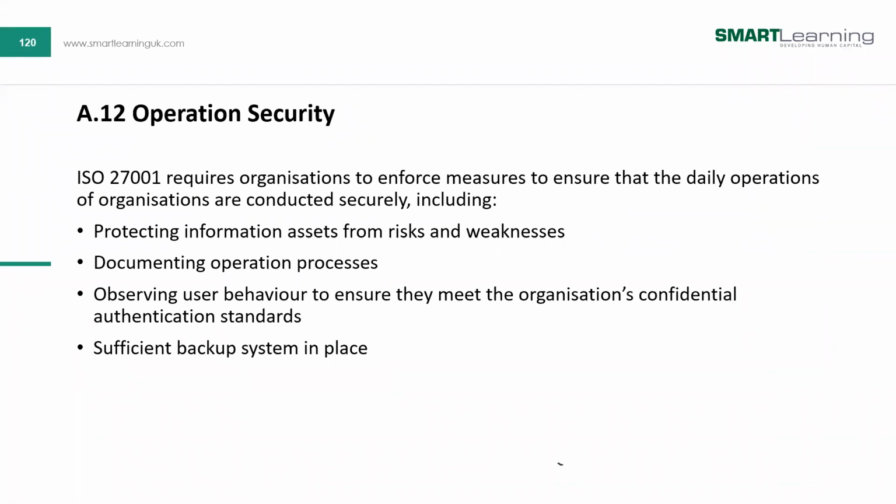How you protect your information assets, your documentation, how you do your backups, how your operators and end users work, in fact that you are doing everything securely. That is operations, and that's where security operating centers come into play. The more technical people come into play under operations, because these are day-to-day. As you can see, there's backup. There could be incident management. There could be forensics and all those other kinds of things.